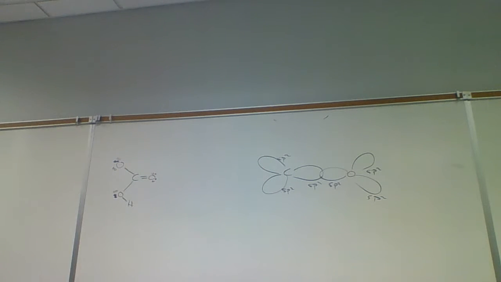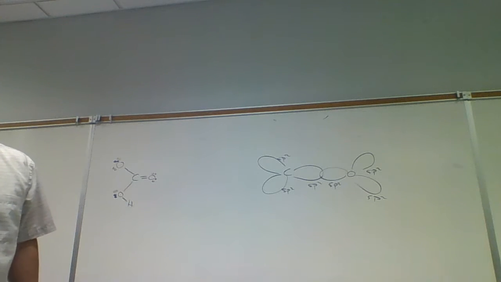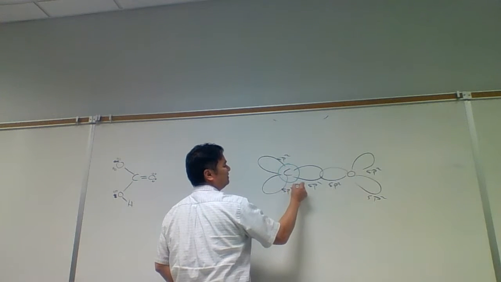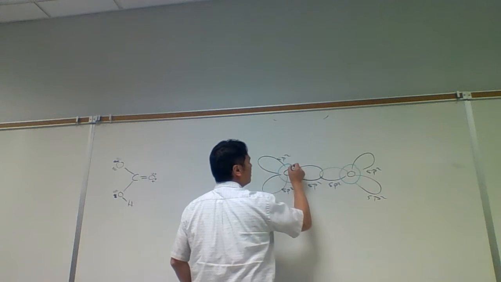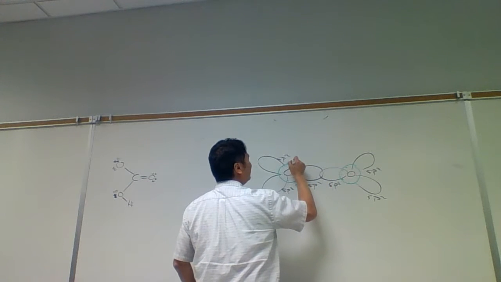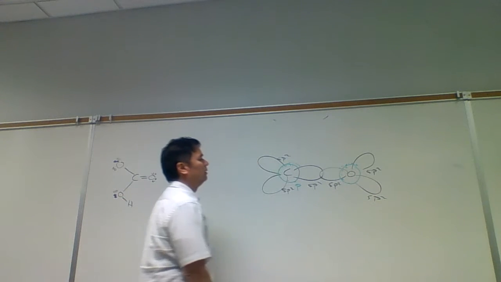Can you tell me where the p orbital is? Yeah, perpendicular to the plane. So I got a p orbital here and a p orbital here. It's sticking straight out. So one lobe is sticking straight out, another lobe is sticking in. So those would be my lobes.